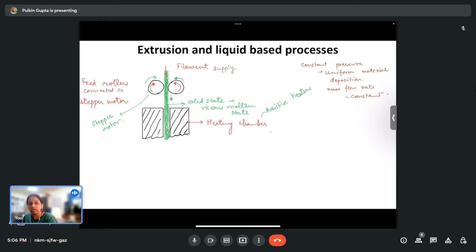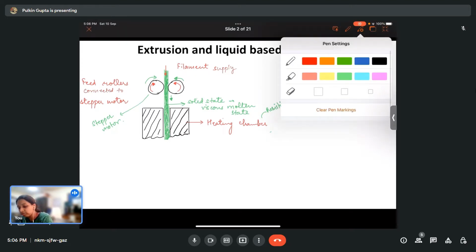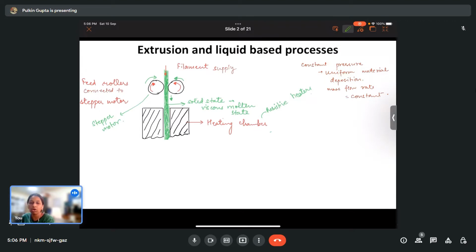This also helps us in maintaining a uniform diameter or uniform cross section of the material being extruded.